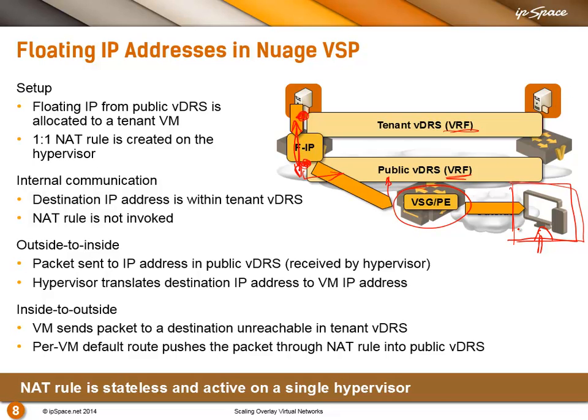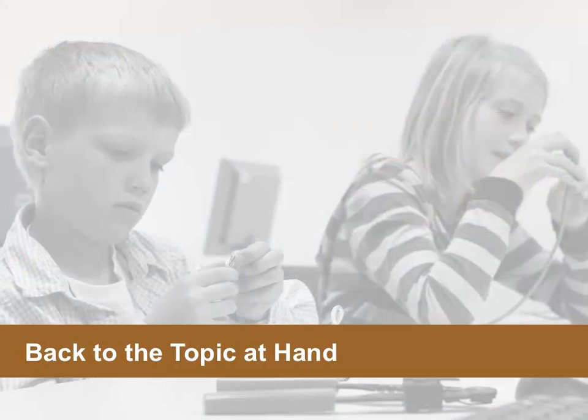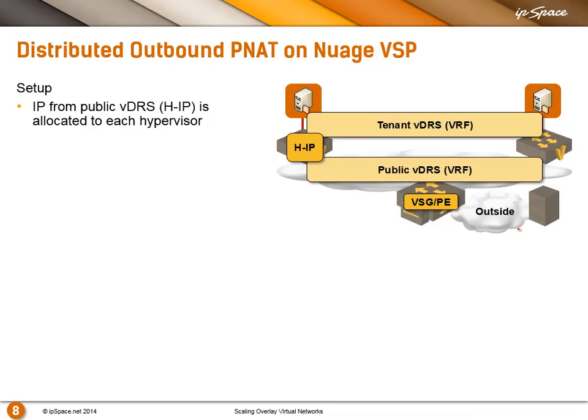And do keep in mind that this NAT rule is totally stateless and it is only active on one single hypervisor. What if we need to access the outside world from numerous VMs? Well, in that case, we have this outside VRF, and every hypervisor gets one IP address in this outside VRF.